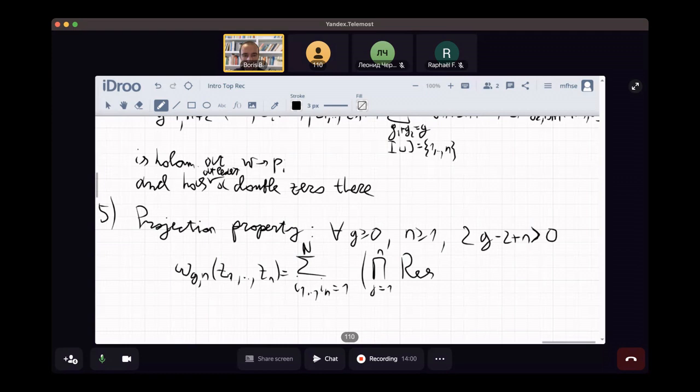So in the denominator of omegas may only be the factors of the form z minus pi. This is the meaning of these huge formulas in the fifth condition.